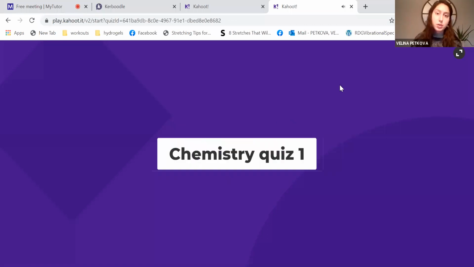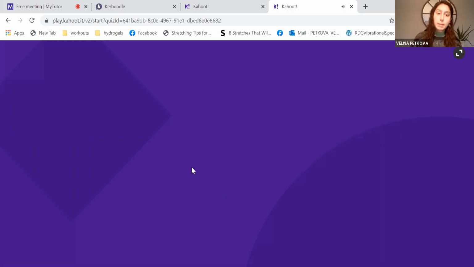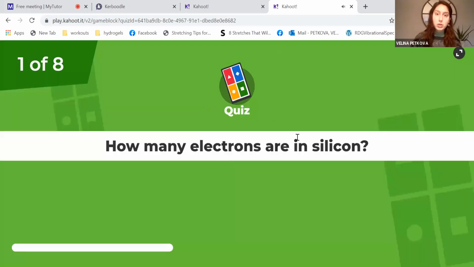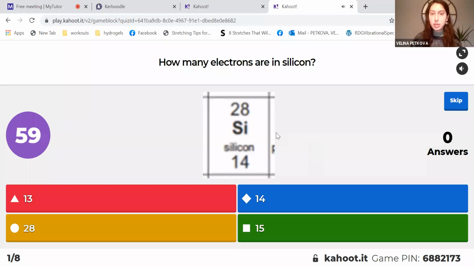So chemistry quiz 1. How many electrons are in silicon? So here's your silicon. Okay, how many electrons are in it? Please write down your answers if you can't access Kahoot.